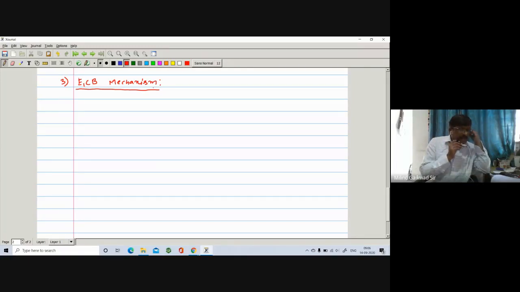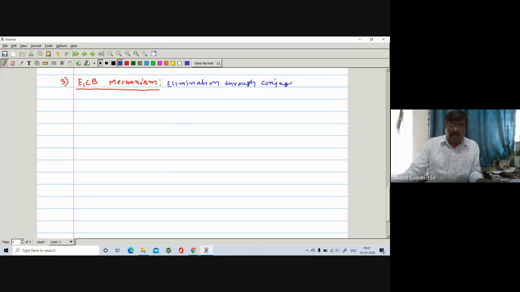So what is meant by E1 CB mechanism? Elimination through conjugate base. E for elimination, elimination through conjugate base.